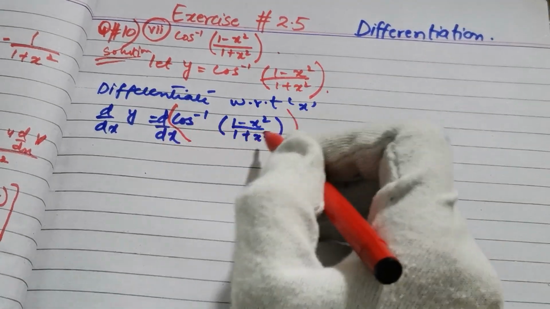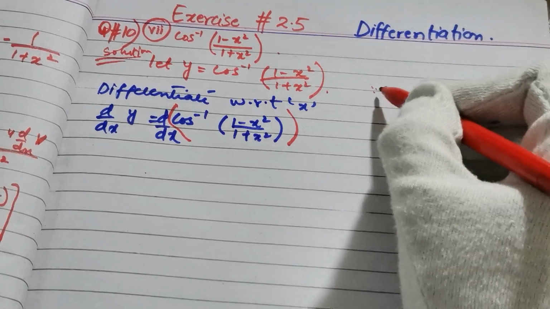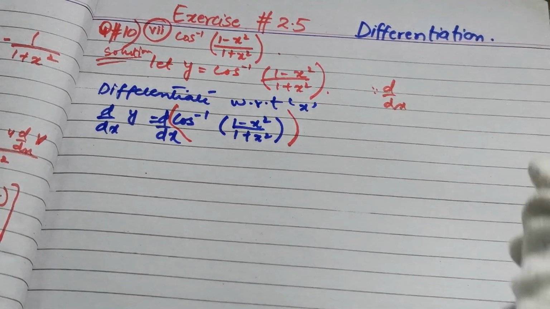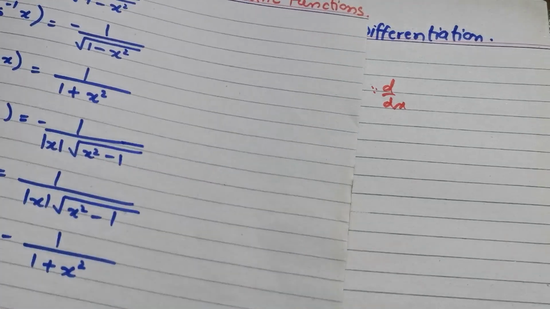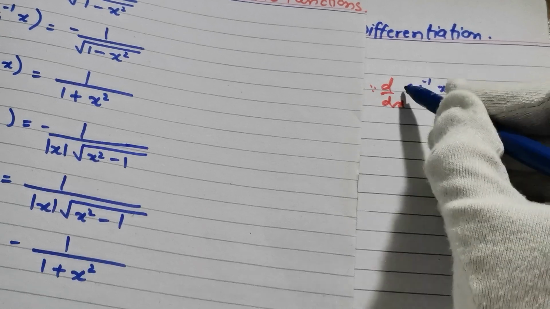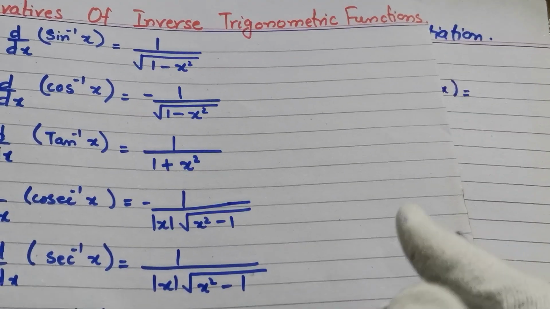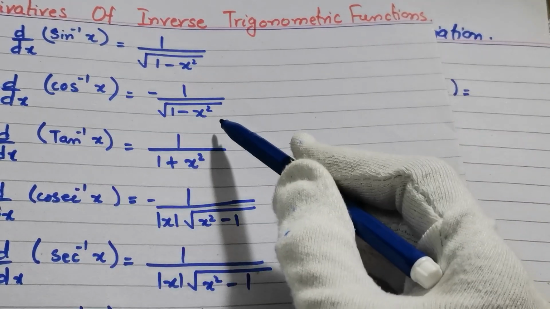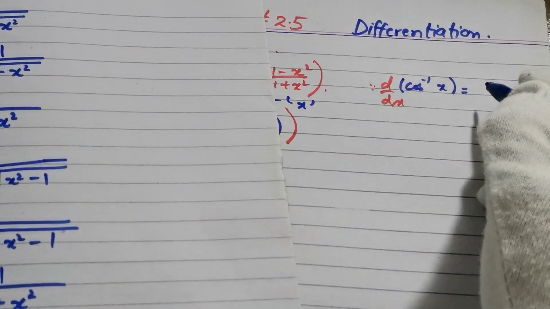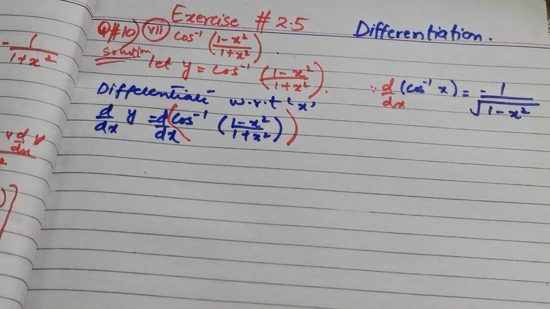Basically it is the derivative of cos inverse of this term. As we know, the derivative of cos inverse of x is minus 1 by under root 1 minus x square.